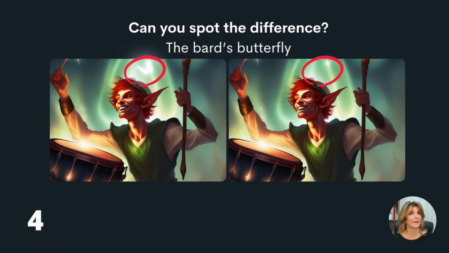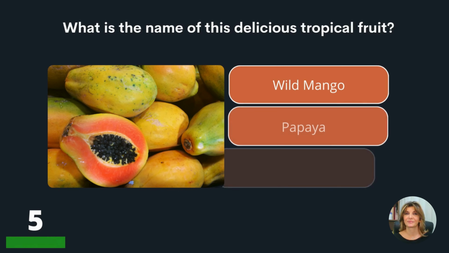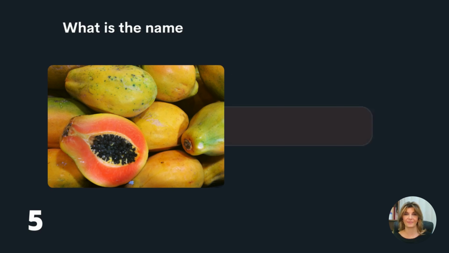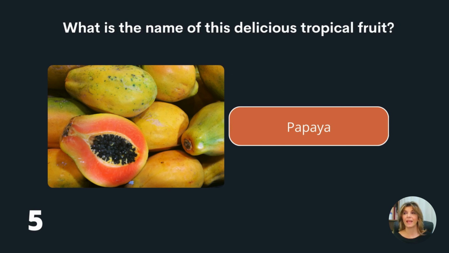And we see the butterfly. What is the name of this delicious tropical fruit? Wild mango, papaya, or dragon fruit? And it is the papaya.